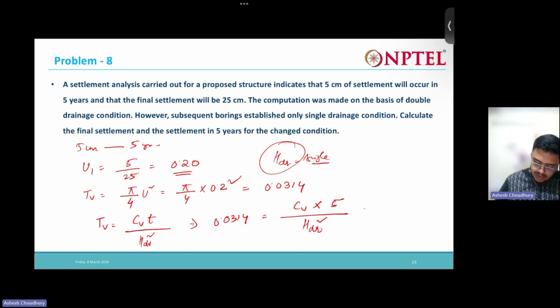So Cv by HDR square, we are going to have 0.0314 divided by 5.